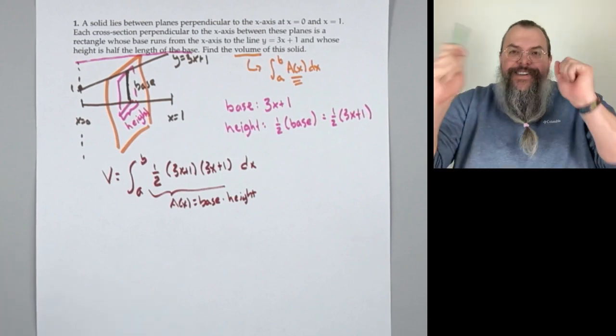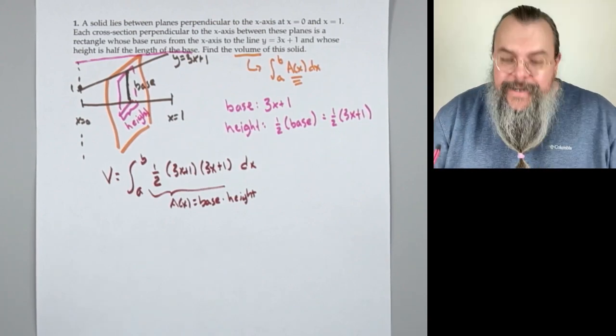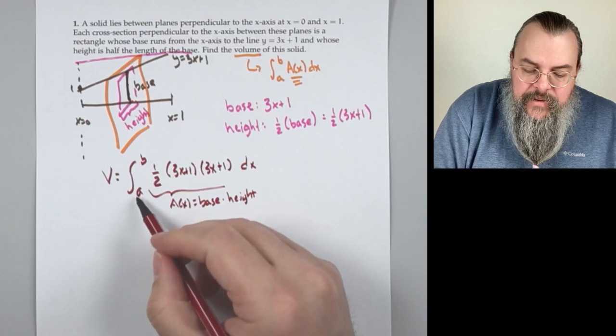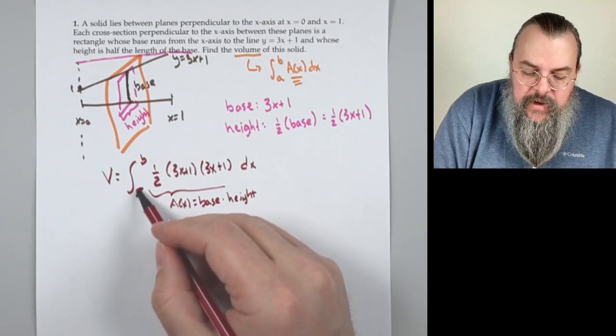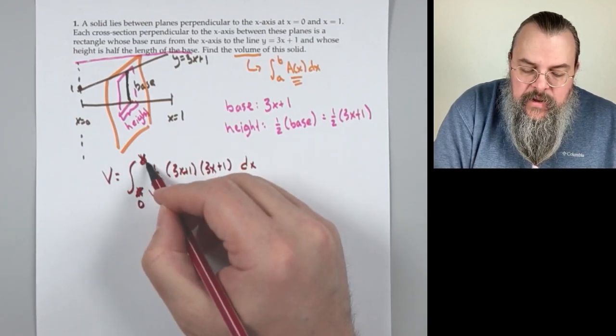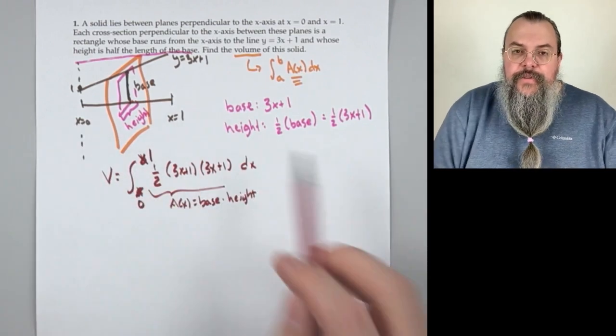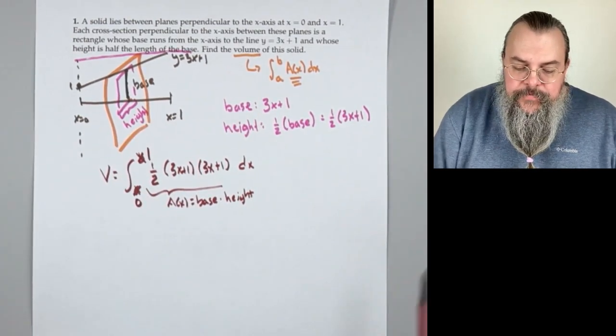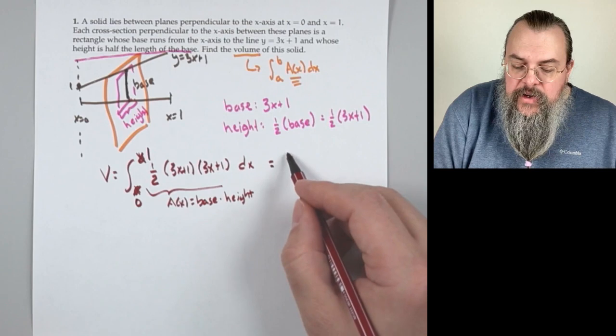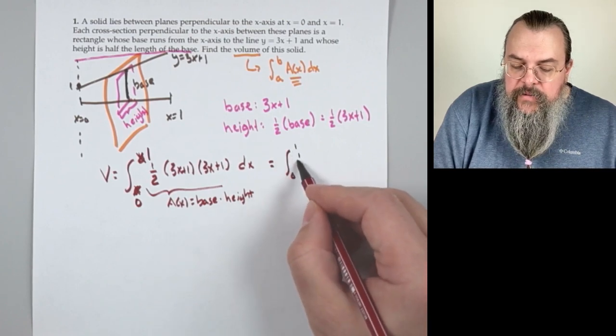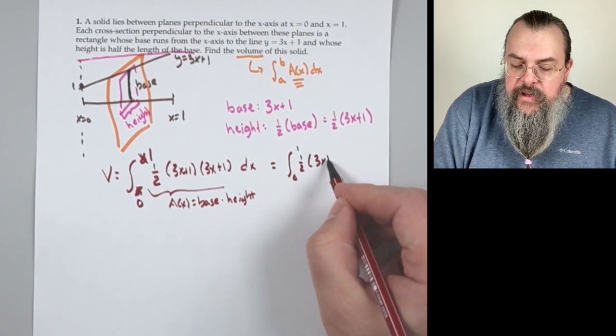Oh, wait, I need to fix something. It's not a and b, it's 0 and 1, right? Because we go from x equals 0 to x equals 1. Okay, so one way we can simplify this is we can make a substitution.